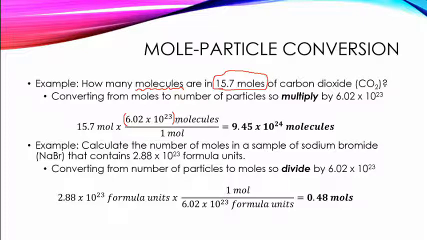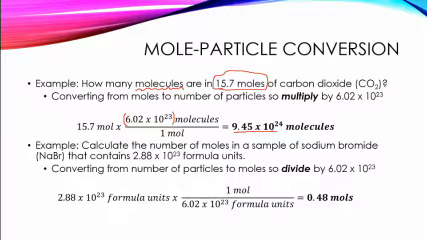If you do not use parentheses, you will not get the right answer. When I get my answer, I get 9.45 times 10 to the 24th. All I'm doing is taking 15.7 and multiplying by Avogadro's number, because I'm going from moles into molecules, which are particles. All right, so that's one example.